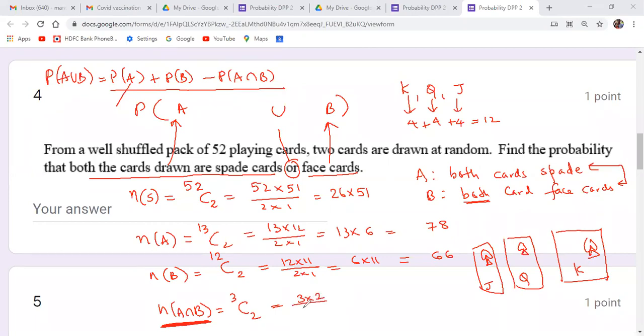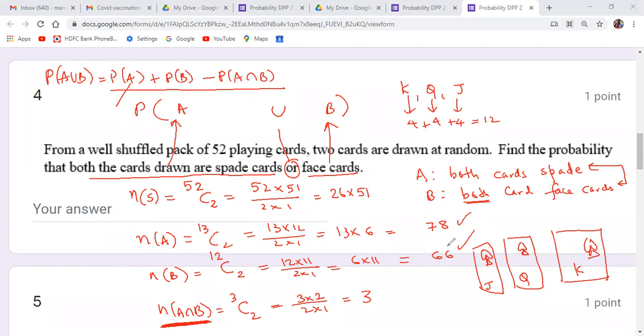Now 3C2 is... I didn't understand this part. What is the meaning of and? On that card, it should be spade as well as face card. How many cards satisfy both the conditions? That card is spade and it is also a face card. So why 3C2? Because we need those which are common to both selections.